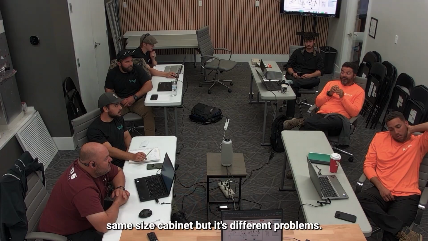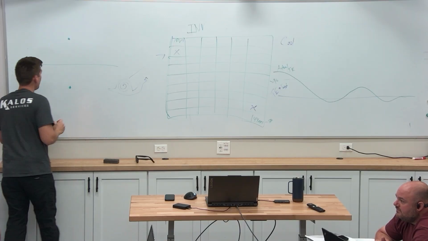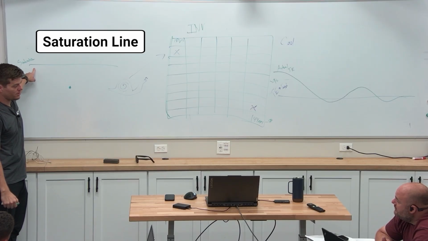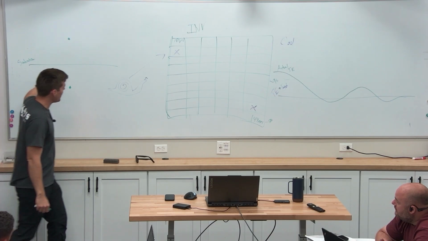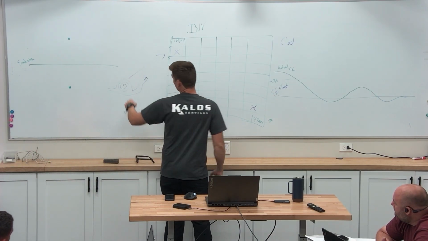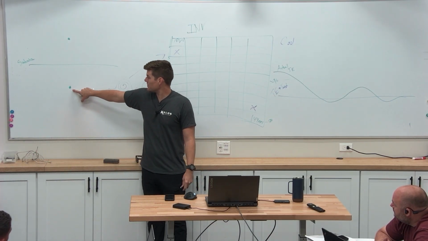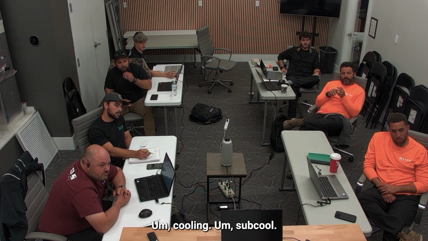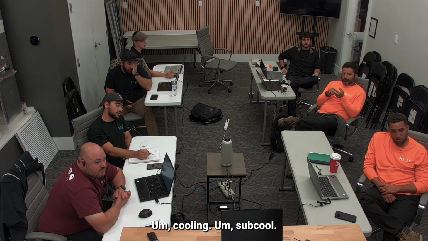Okay, so I have my saturation line here. I want to hear from the newer guys on the team. If this is my line of saturation for refrigerant, what is this point here, below my saturation line? Subcool.